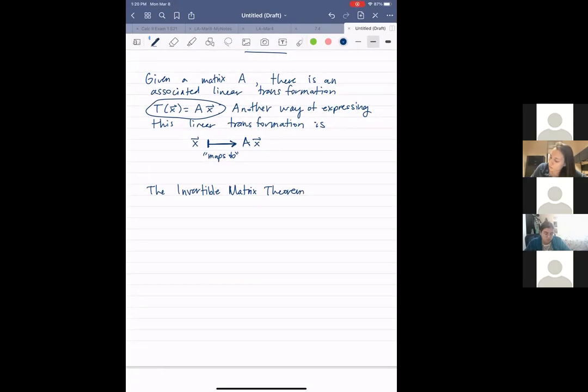So the invertible matrix theorem, I might abbreviate this IMT. Say we have an n by n matrix A. Then we have all of these equivalent statements about this matrix A.